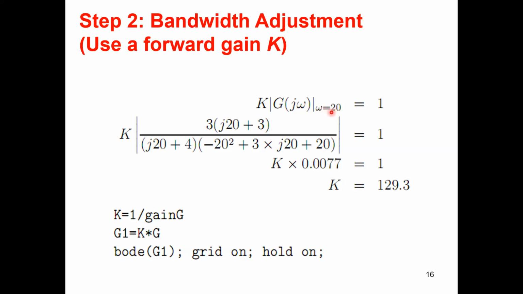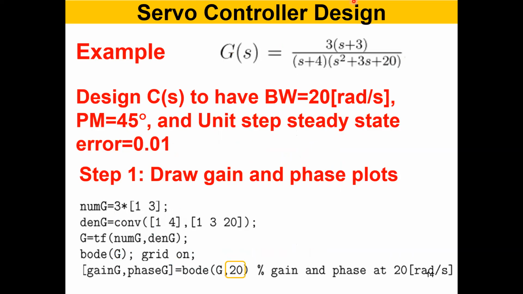So at omega equals 20 radians per second, the plant together with the new gain, the total gain, should be equal to 1. This is not dB, this is absolute magnitude, so it should be 1. So this is the plant, s plus 3 over s plus 4, whatever. This block, this one.